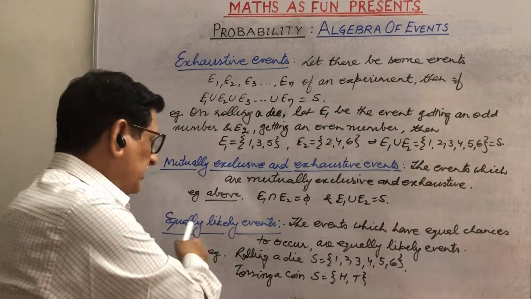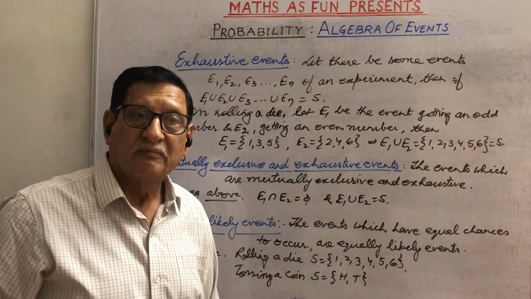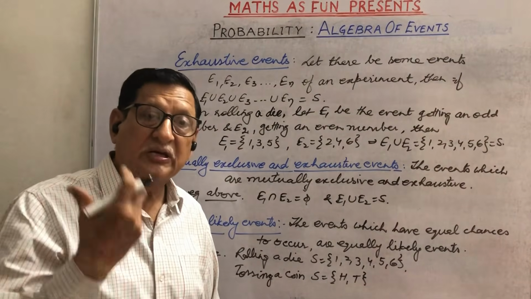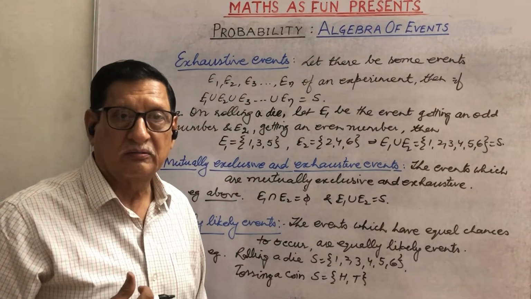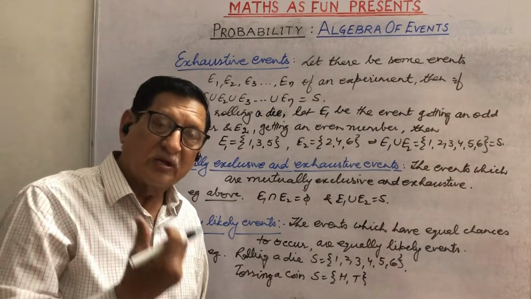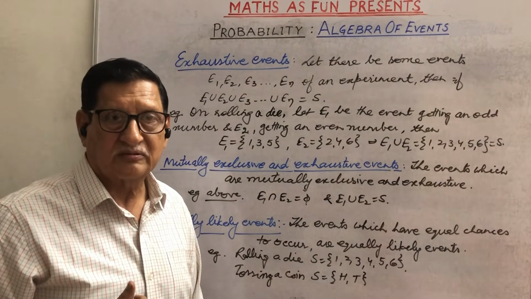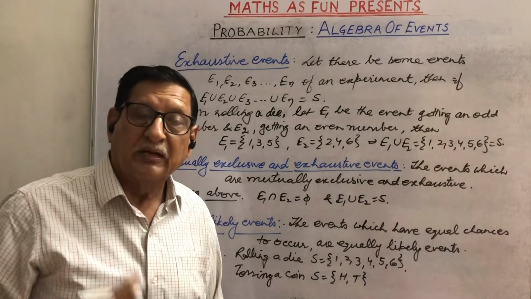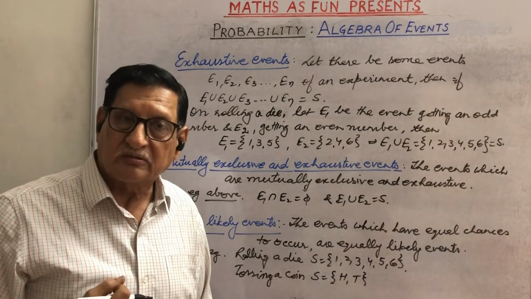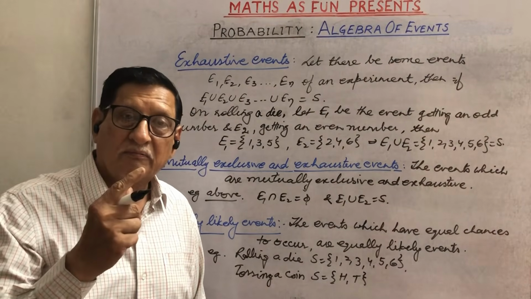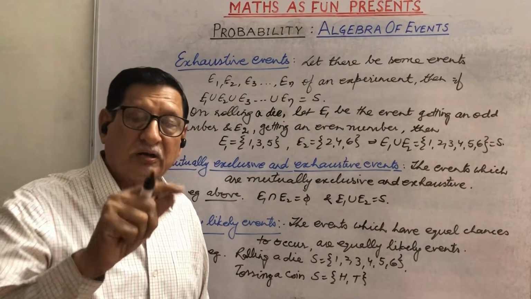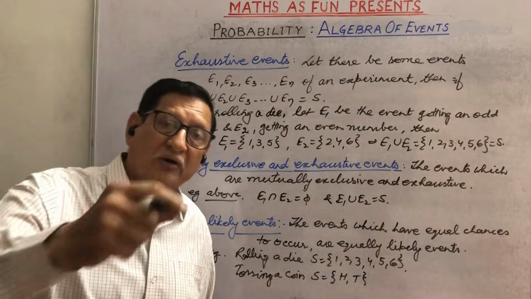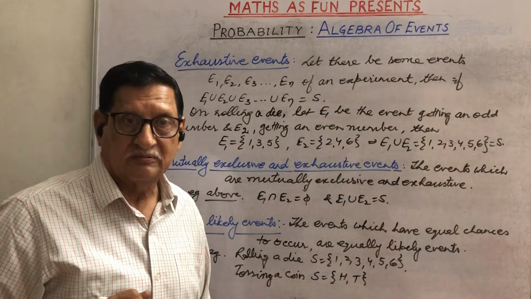Now what are equally likely events? The events which have equal chances to occur are known as equally likely events. Like if we roll a die, the numbers are 1, 2, 3, 4, 5, 6. But only one of them will occur at a time and all of them have equal chances.